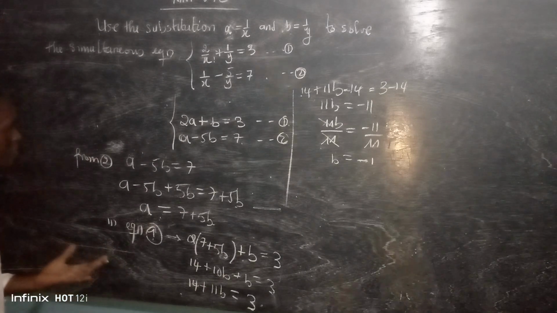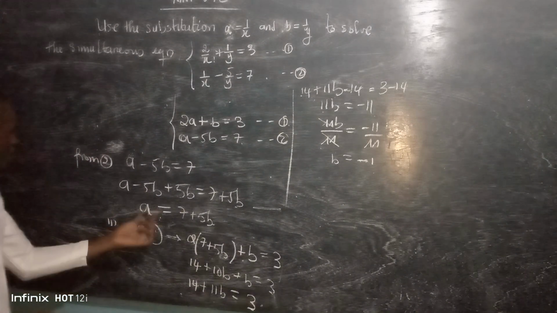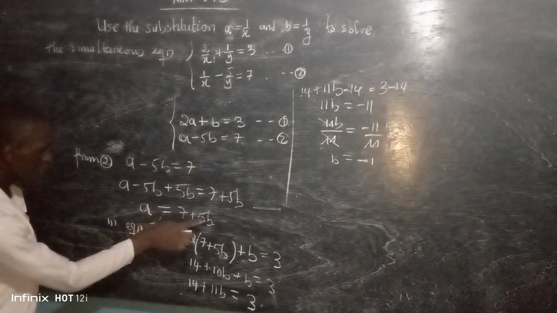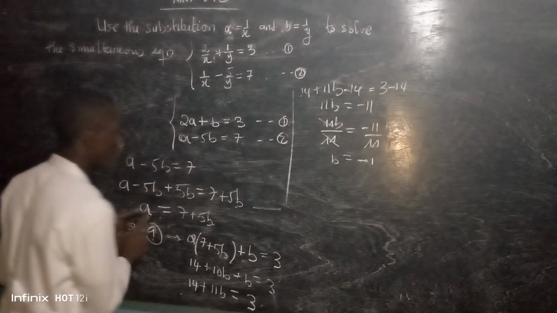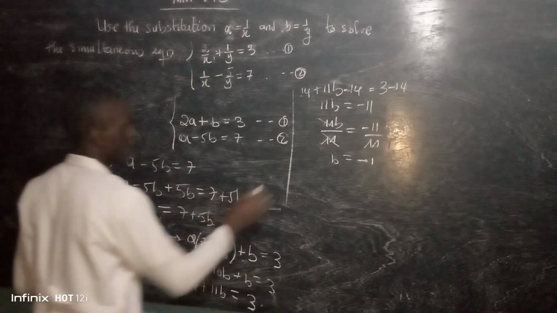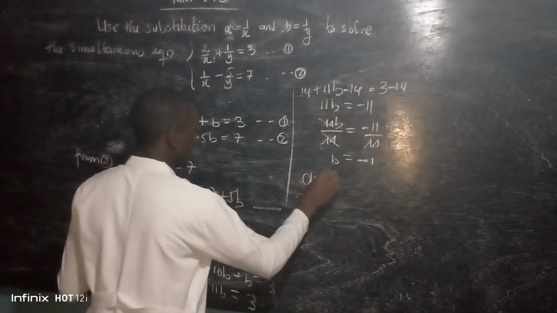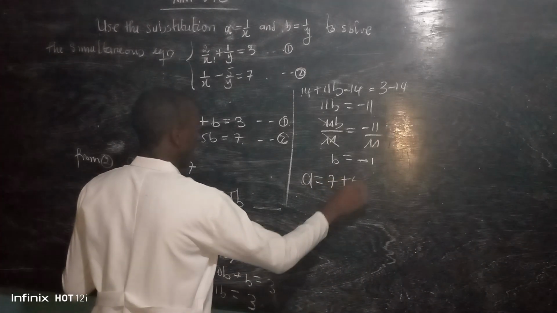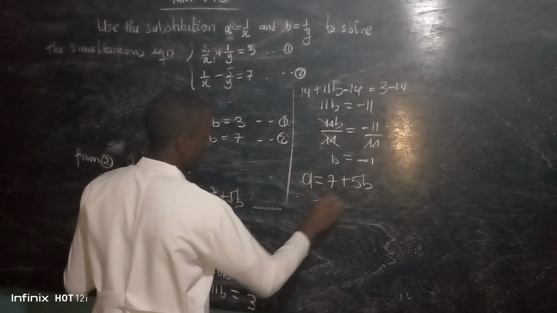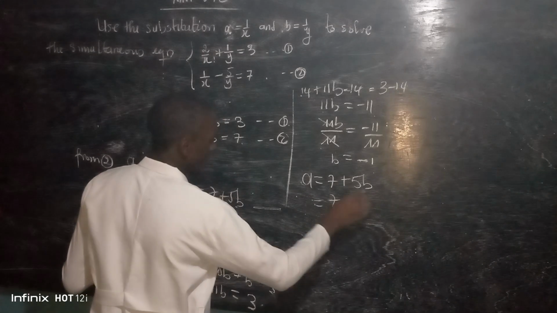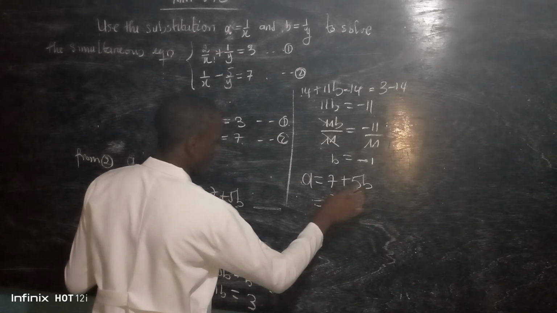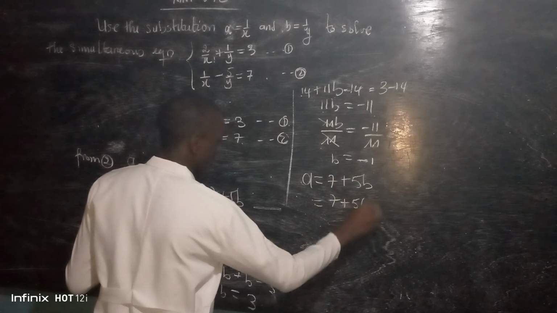When we get the value of b, we just use it to find the value of a. A was what? 7 plus 5b, according to what we made the subject of the formula. So my a is equal to 7 plus 5b. 5b means 5 times b now, so it's 5 times negative 1.